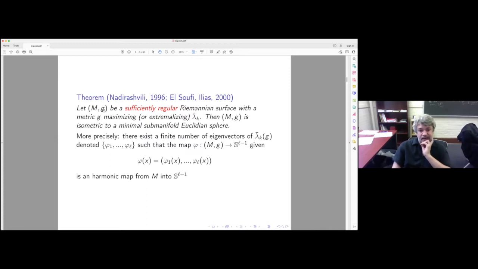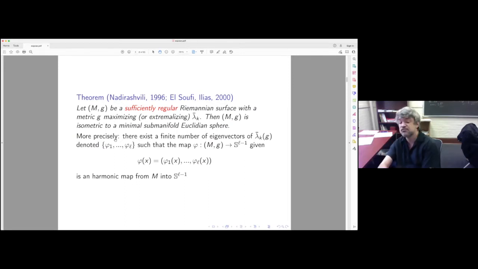And more precisely, what you know is that there is a finite number of eigenvectors that you can exhibit from lambda one, which are actually a harmonic map from your surface with your extremal metric, the one realizing the sup of the spectral functional, into the round sphere. So harmonic maps are a tool to understand extremal metrics.